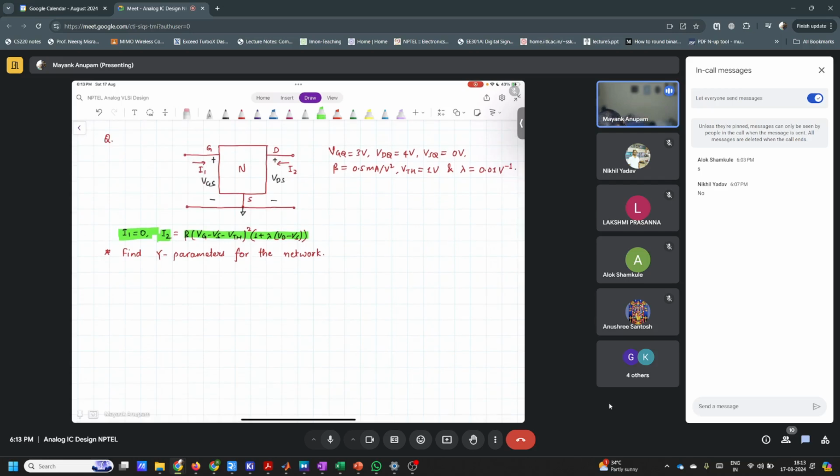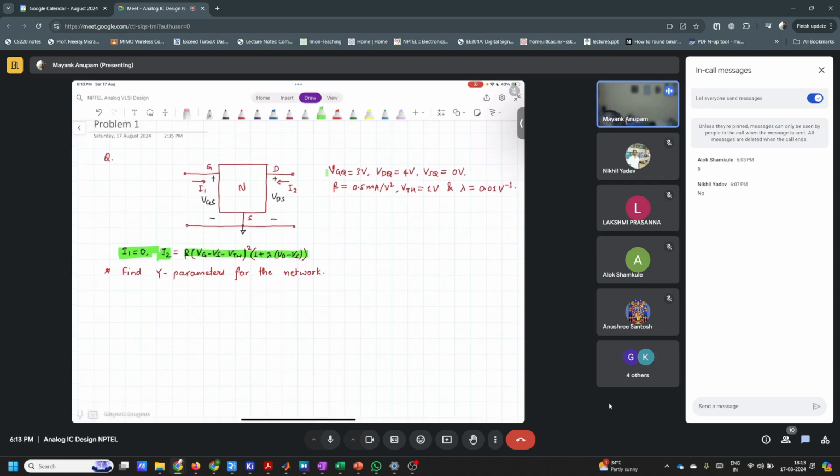Moreover, you are also given that the quiescent point, or operating point voltage, at this node VGQ is 3 volt, VDQ is 4 volt, and VSQ is 0 volt. Then find out all the Y parameters of the network. So let us do that.